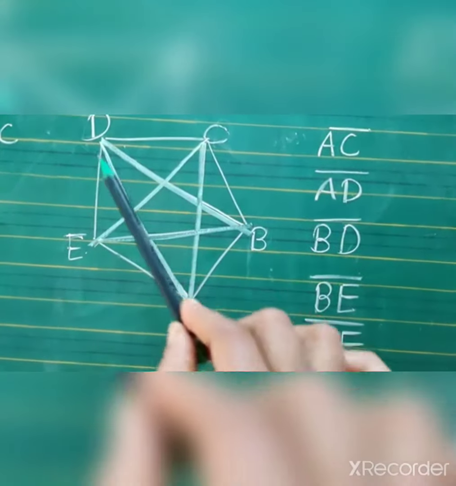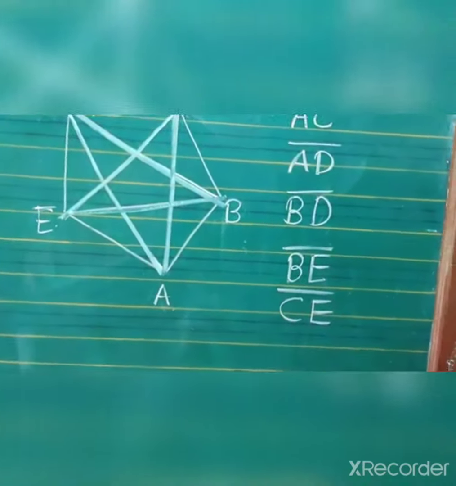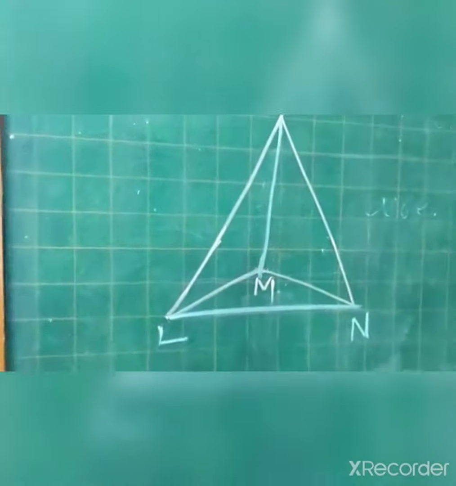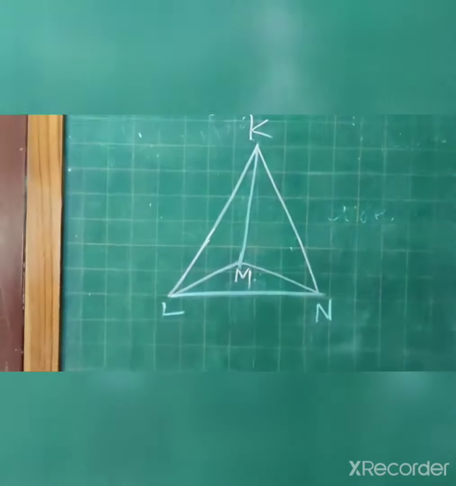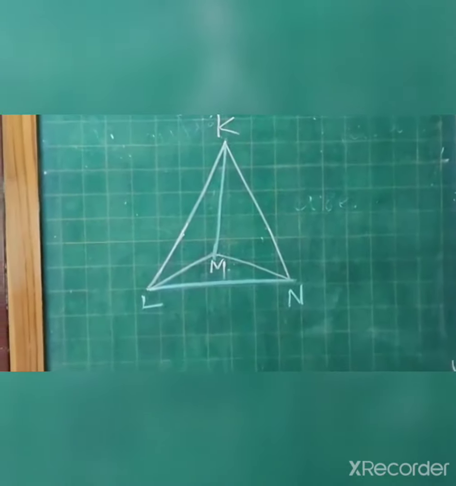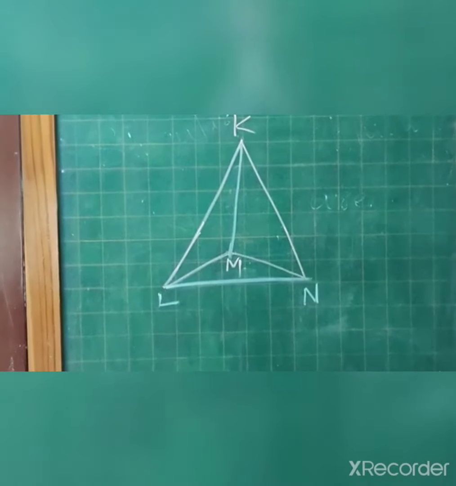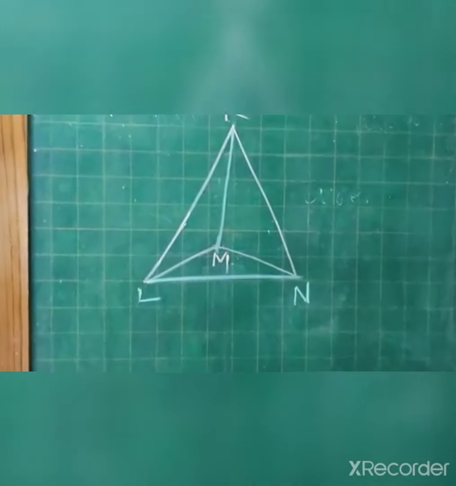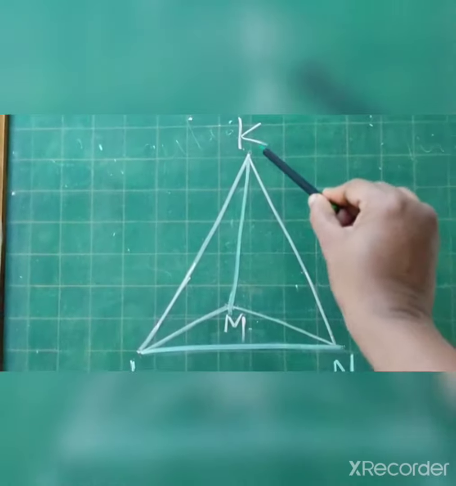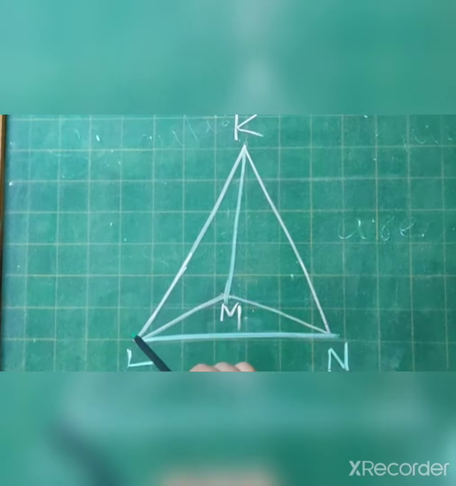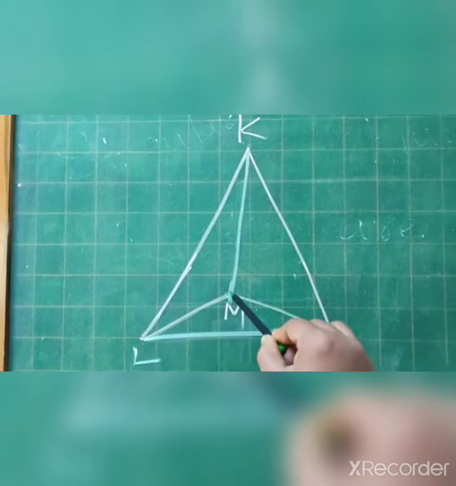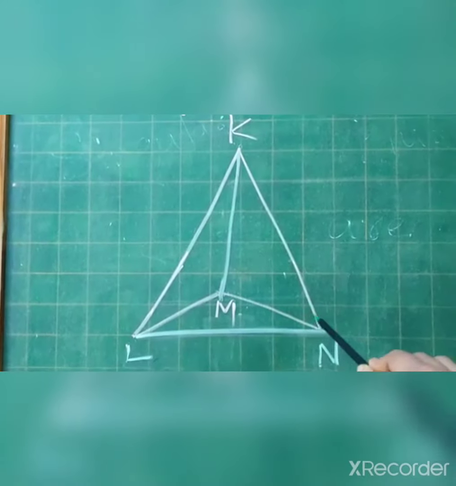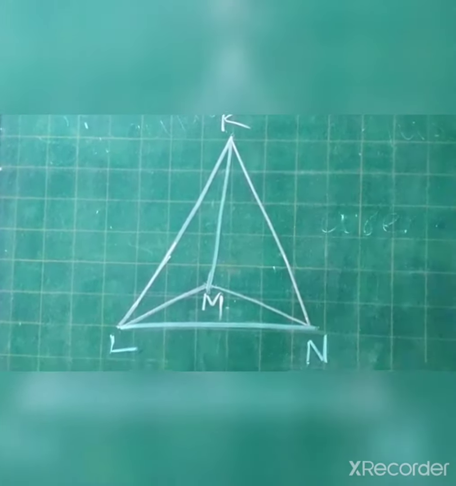Now see in this figure, you can see it is a quadrilateral. See here, 1, 2, 3, 4 sides.